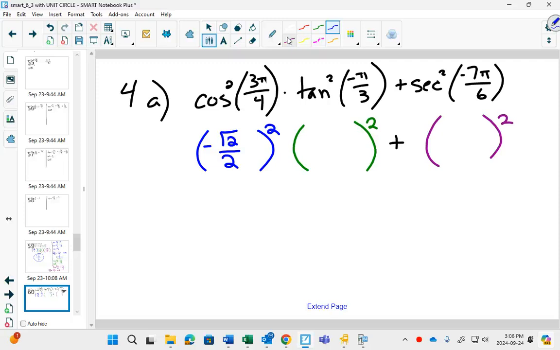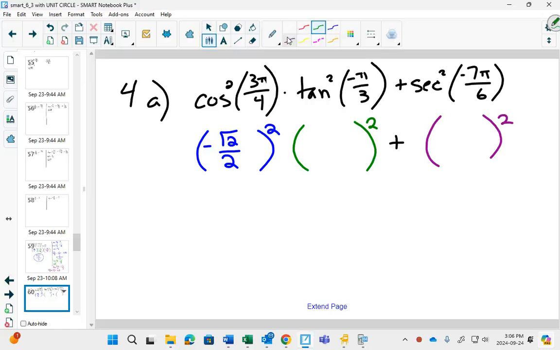Cos is negative in quadrant 2. What's going to happen when I square that negative? It's going to become positive. If you forget the negative, though, inside the bracket, on the exam they take off a half a mark for not having the negative. Even though the answer comes out the same, you have to show that you know where things are positive and negative.